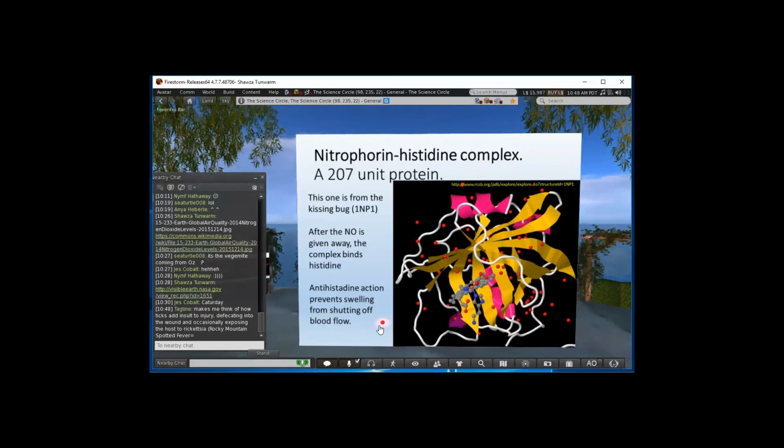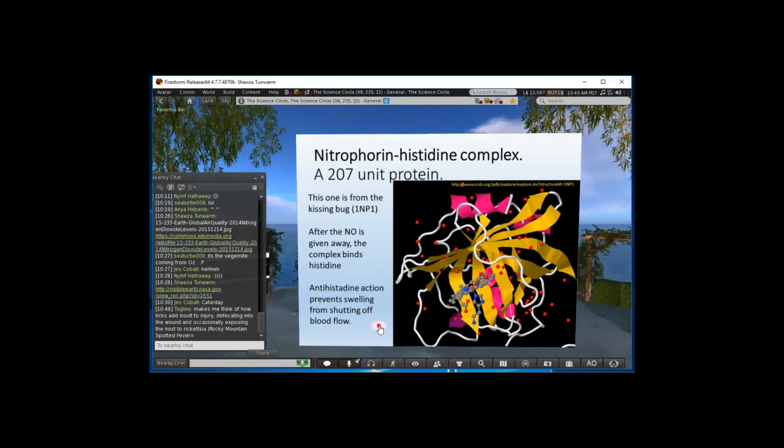And histidine would signal your tissues to swell, which would cut off the blood flow. So it has an anti-swelling side effect, if you will, from the vasodilation.